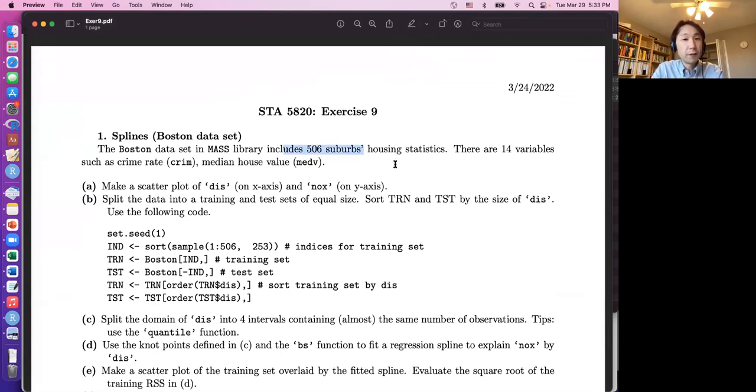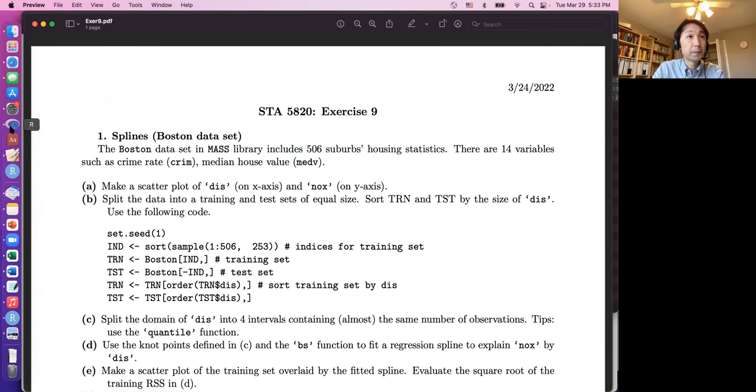There are 14 variables, such as crime rate and the median house value. Each line represents one town. I don't know exactly, but maybe the town or city or maybe zip code, a certain area of the Boston suburb. In total, we have 506 different towns in the Boston suburb, so we have 506 observations.